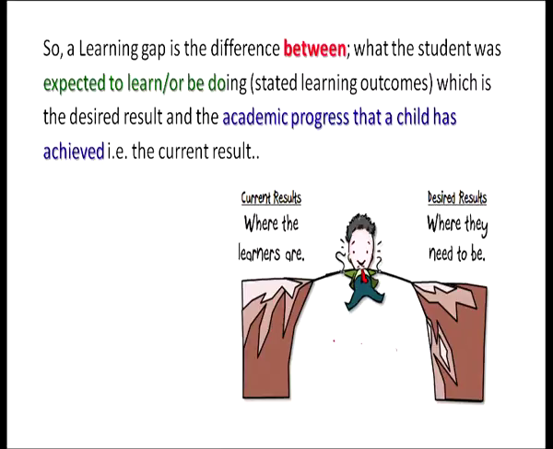If you have a look at the visual, you will see that the child is hanging somewhere here, and you have the current level, that is where the child is now, and this is the desired level, that is where the child should have actually been, which means there is a gap in learning. That's a learning gap.